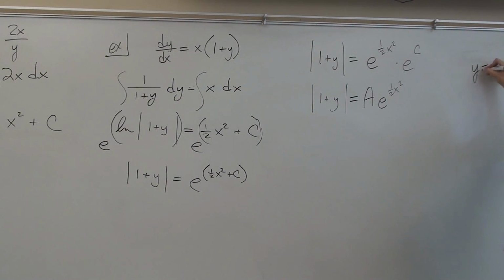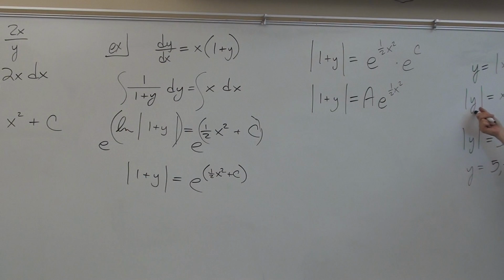Y equals absolute value of x is very different from absolute value of y equals x. Let me just show you with a number real quick. Say absolute value of y equals 5. Then y would either have to be 5 or -5, right?